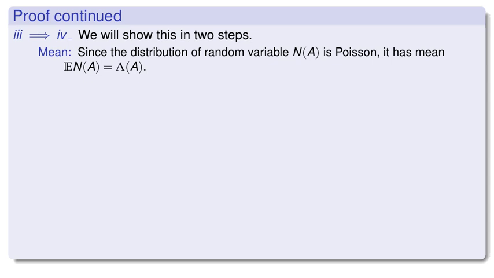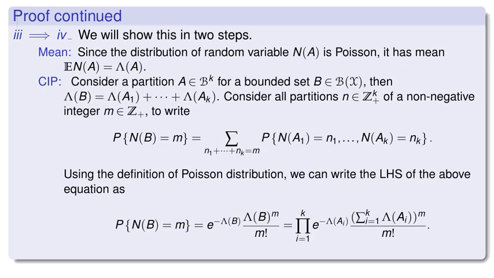Continuing the proof, 3 implies 4. We need to show two things here. First, the mean property. Since the distribution of the random variable N of A is given as Poisson with parameter lambda of A from statement 3, its mean, expectation N of A, is indeed lambda of A. Second, the complete independence property, CIP.